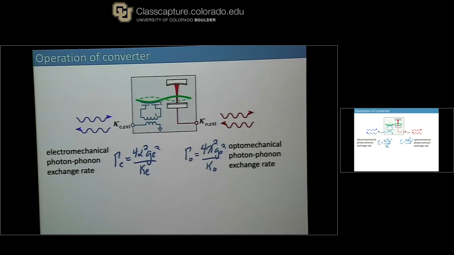And those 2 rates, if I were to draw sort of a spectrum of what's going to happen here, this hash refers to, okay, so this is a function of frequency, and this is a big gap in frequency. So down here, we have the microwave mode, so that's the variation in density of states there. And then up here we have the optical mode. And we're going to have our alpha pump here, and then we'll have our chi pump here.